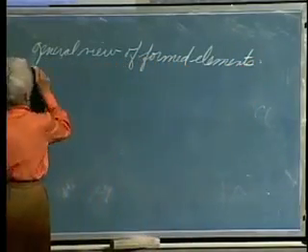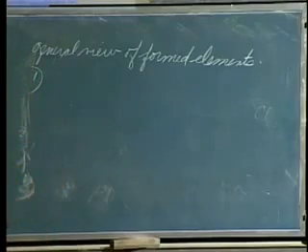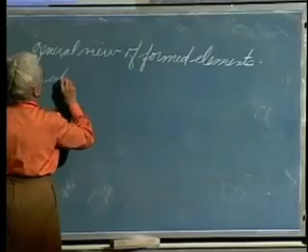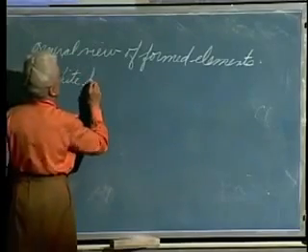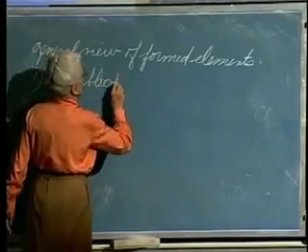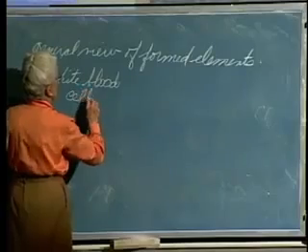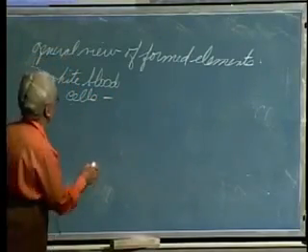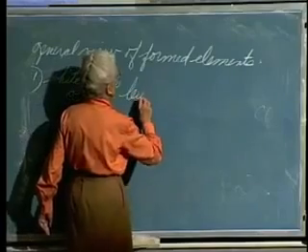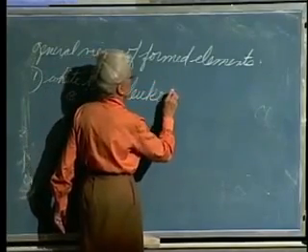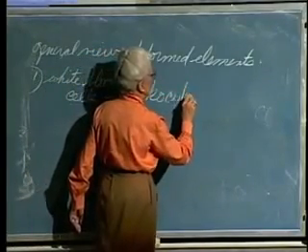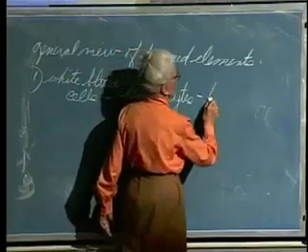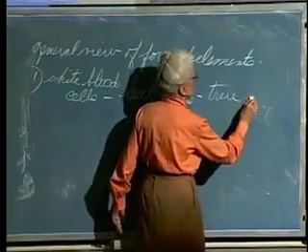Well, first, we have our white blood cells. These are called leukocytes. White leukocyte cell. And these are true cells because they have a nucleus.